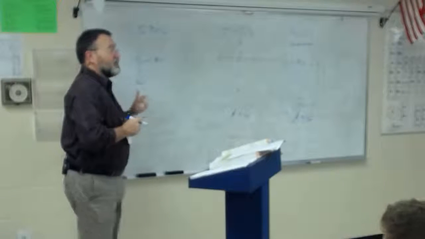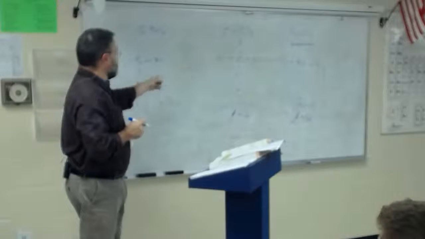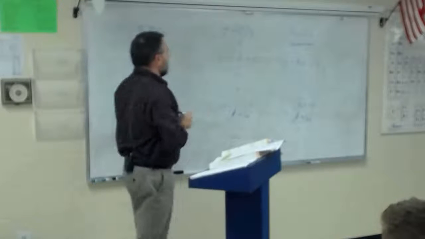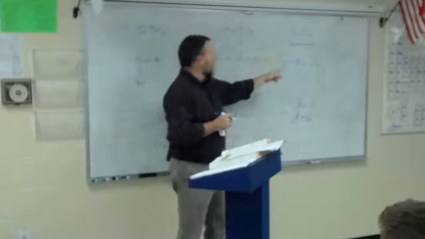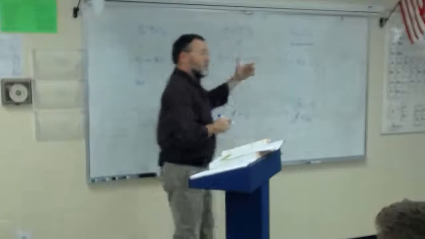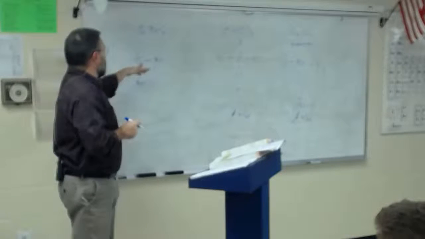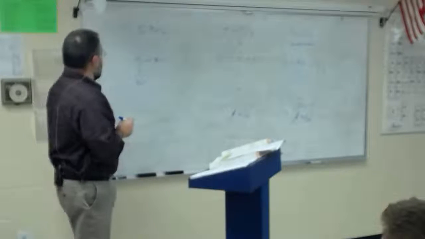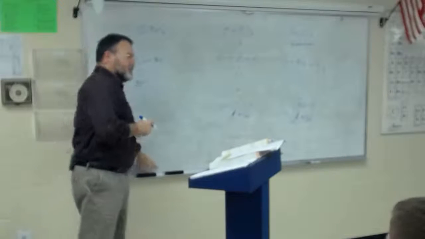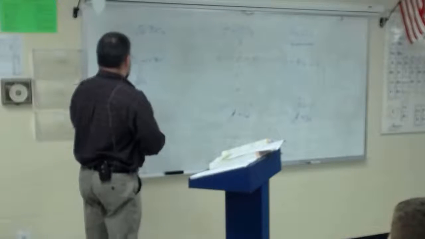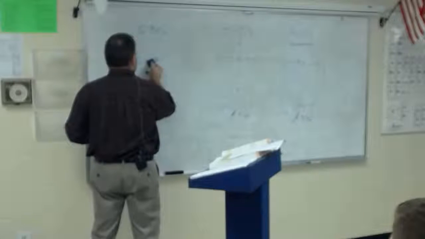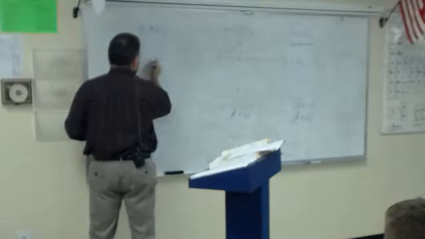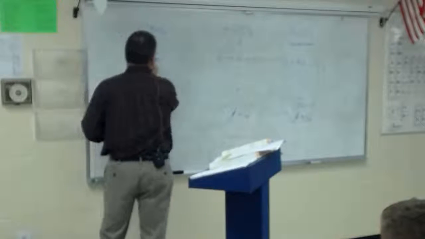So is it tetrahedral? No, because a tetrahedral has 4 bonds. Is it pyramidal? A pyramidal has 3 bonds and 1 unbonded pair. The next category is 2 bonds and 2 unbonded pairs, so it is a bent. Now, a cheater way of doing this is I can take my 3-dimensional drawing and just change my 2-dimensional bonds with that kind of symbology if I wanted to.